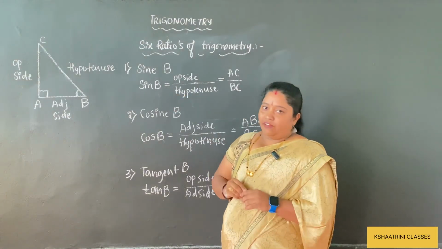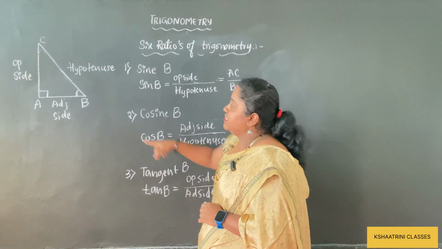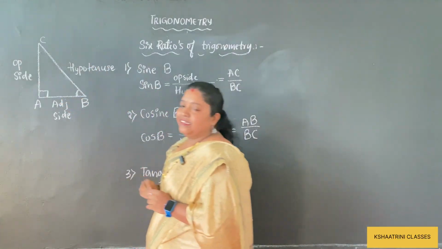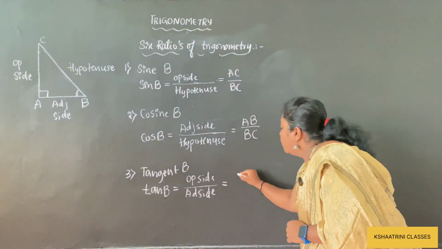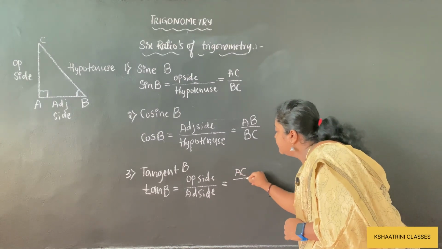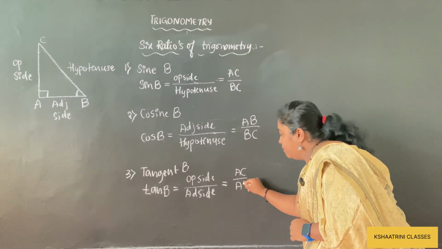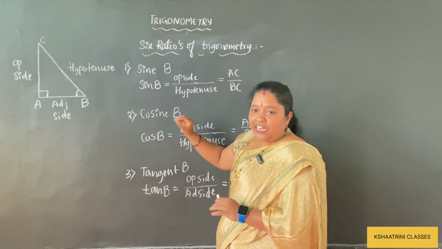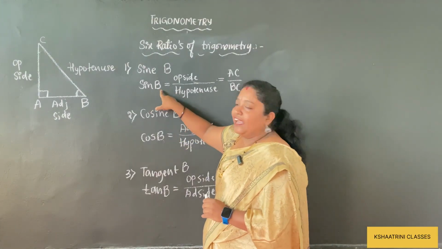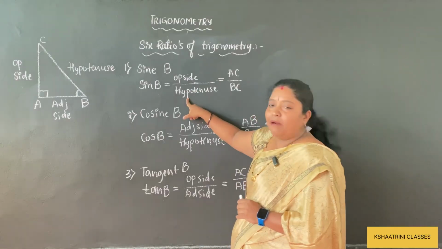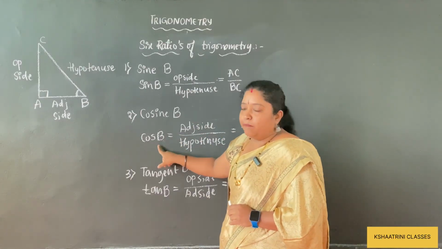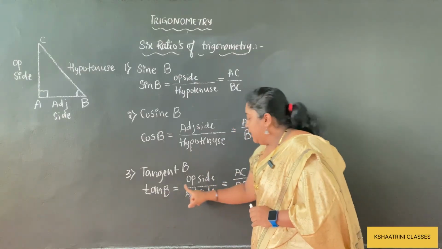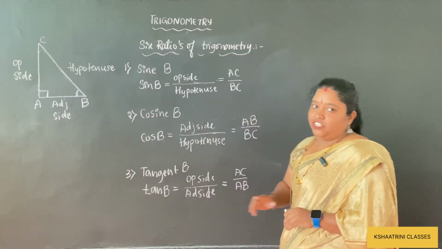With respect to our diagram, AC is the opposite side and AB is the adjacent side. So we will write it as AC divided by AB. Remember these very important formulas: sin B is opposite by hypotenuse, cos B is adjacent by hypotenuse, tan B is opposite by adjacent.